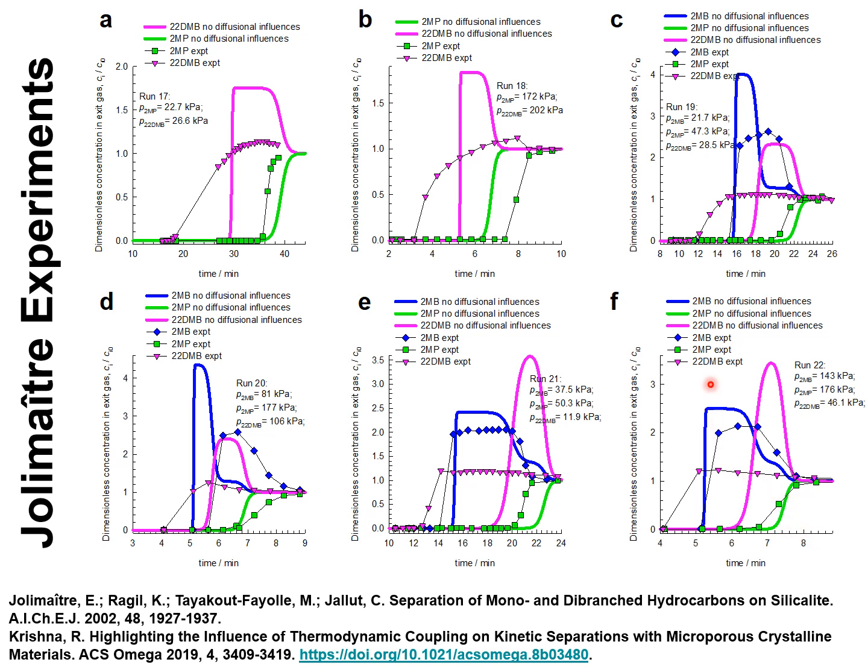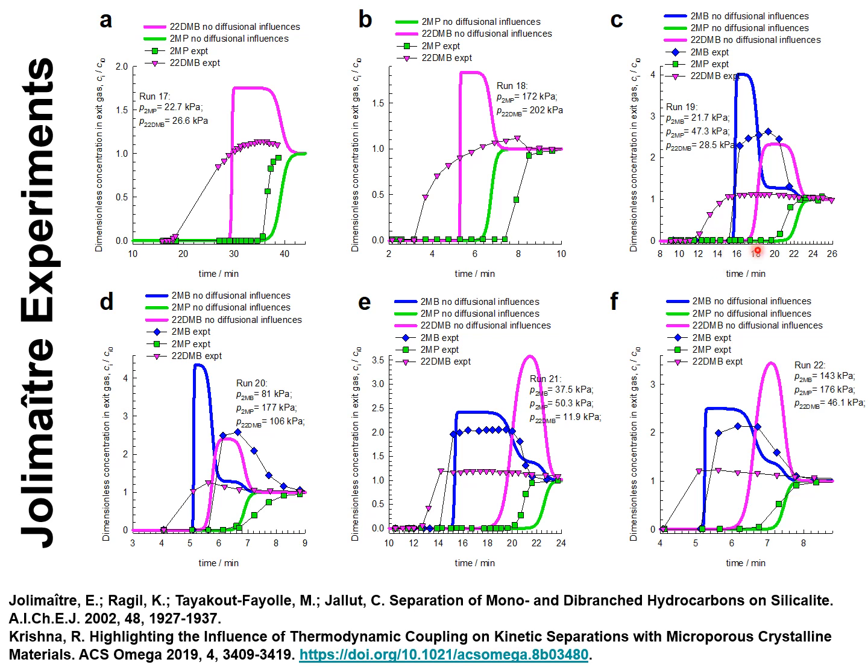What is interesting to note is that in the simulations in which diffusional influences are considered to be of negligible importance, the component to elute first is 2-methylbutane, but this is not in agreement with the experiments because in the experiments 2,2-dimethylbutane elutes first.